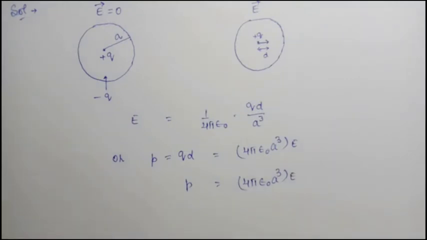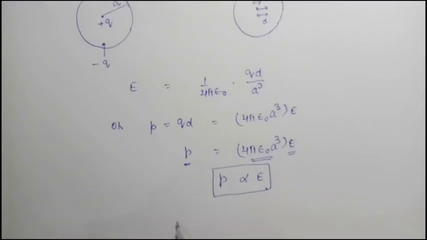So as we discussed in linear dielectrics, polarization is directly proportional to E. Because polarization is directly proportional to E, this is a constant, and this constant is alpha, which is equal to 4 pi epsilon naught A cube.